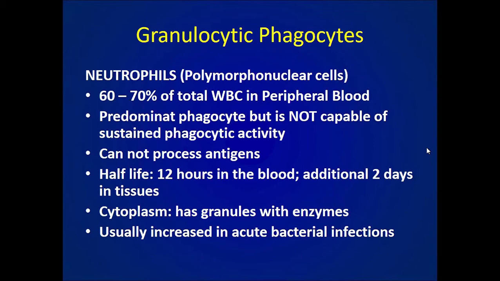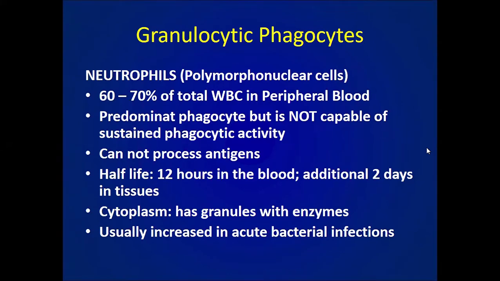It represents about 60 to 70% of the total WBC in the peripheral blood. This is the predominant phagocyte, but it is not capable of sustained phagocytic activity, unlike your macrophages, and it is not capable of processing antigens. Half-life is about 12 hours, with an additional 2 days in the tissues.